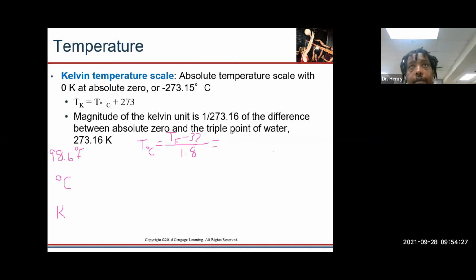Okay, so we have 98.6 minus 32 over 1.8. We do that math, that is going to be 66.6 divided by 1.8.